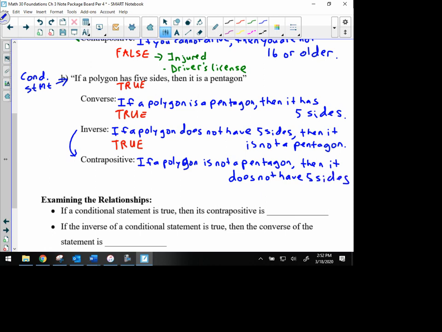We think about whether that's true or false, and if you think about something that's not a pentagon, again, it goes both ways. This is also true.